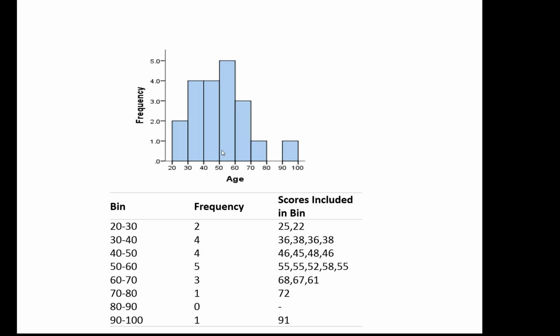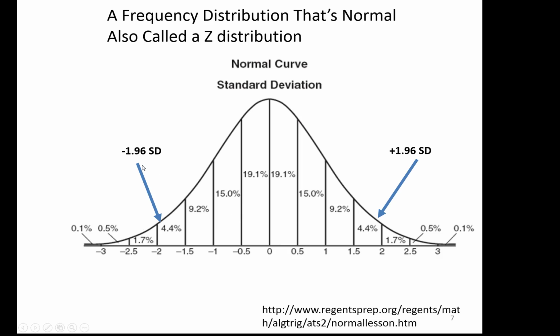So again, this is a frequency distribution. It shows one variable, age, and the number of people in each bin. But this is again a histogram for continuous data.